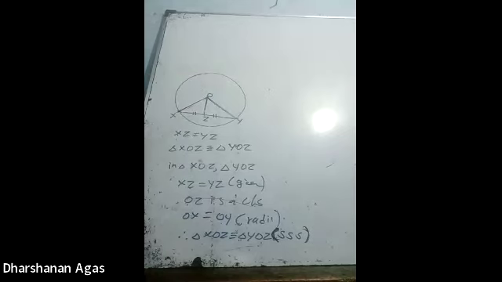Radius means the distance between the centre and the circle, or the arc, at any place. OX is a radius, and OY is also a radius. Radii of the same circle are equal in length. Clear? Understood? Yes, sir. Thank you, sir.